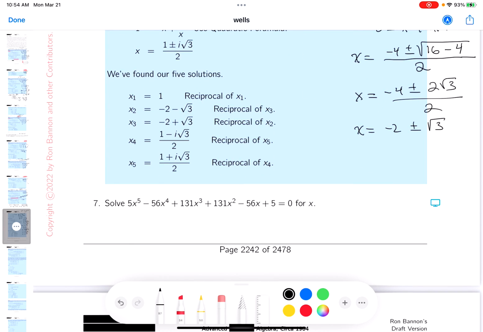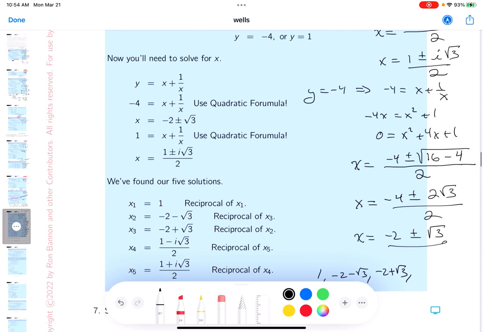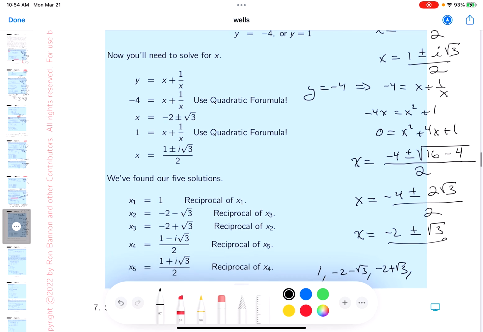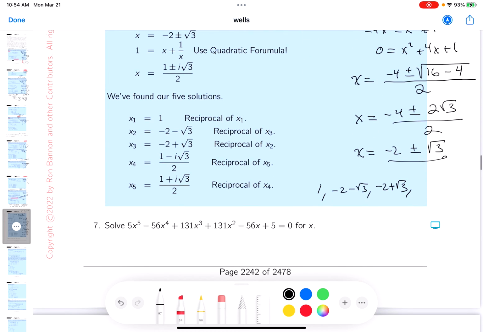Where are the 5 roots going to be? Let's write this down. Well, if you remember in the beginning I found 1, then I just found these 2 over here, which is minus 2 minus root 3, minus 2 plus root 3. The other one I found was 1 plus or minus i root 3.